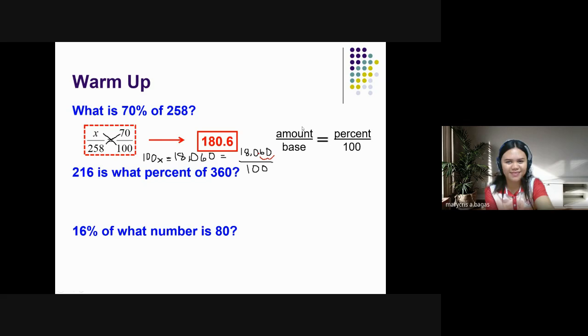Butterfly method? Joke, no. Cross multiply. Try it on your paper. So amount 216 over 360, over 100.